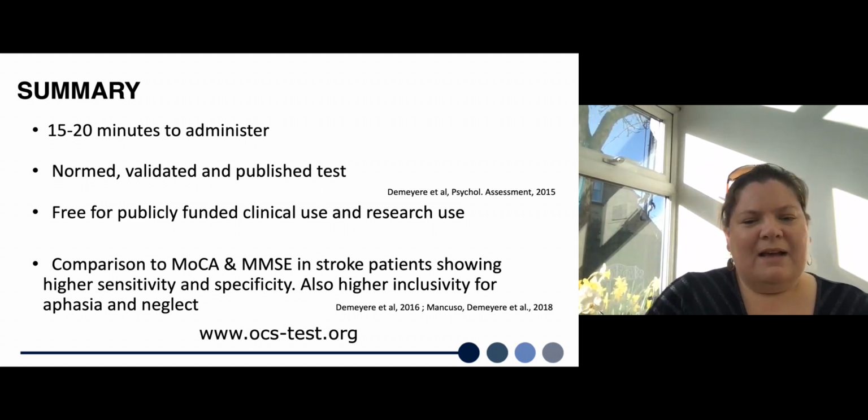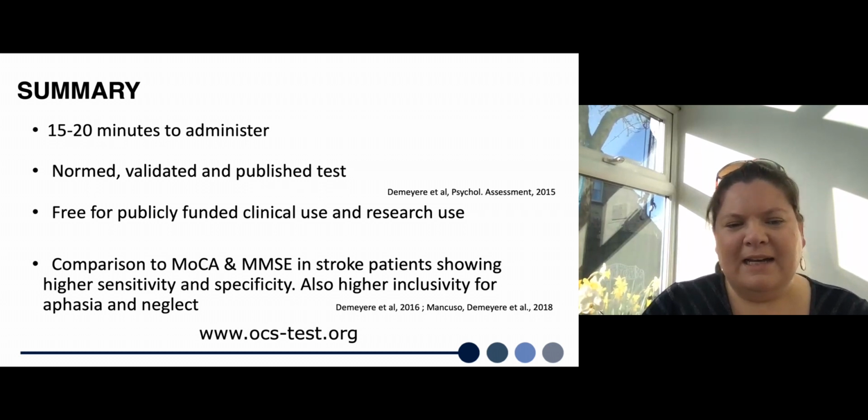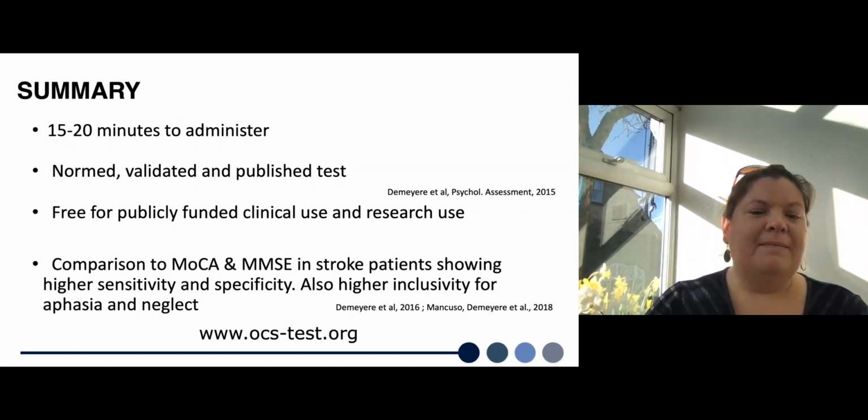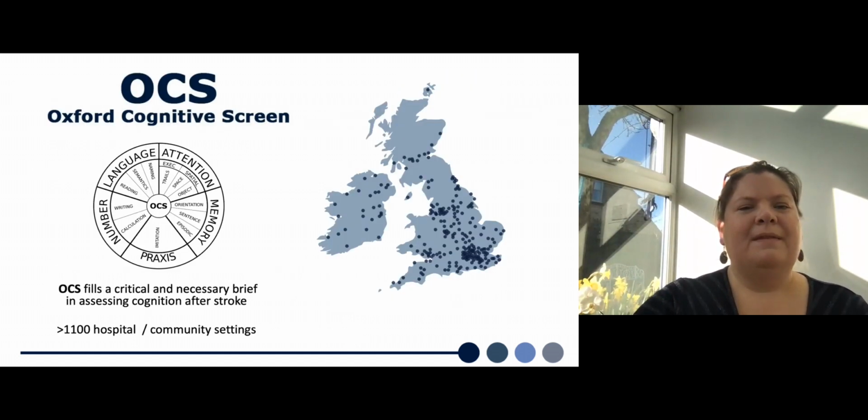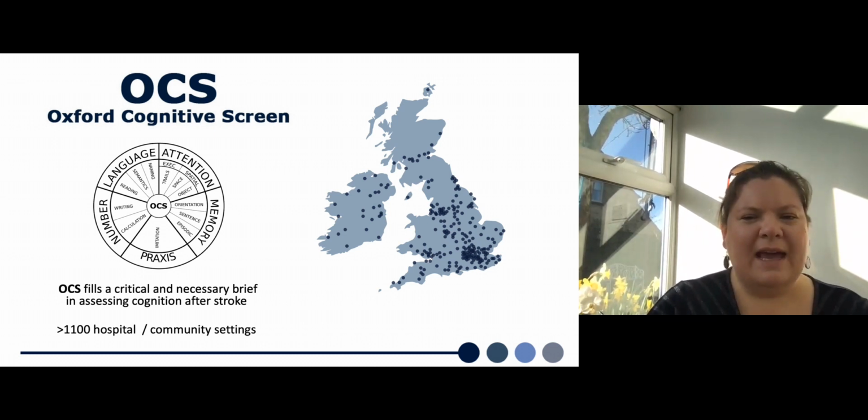We've done several comparisons to MOCA and MMSE in stroke, showing specifically higher sensitivity and specificity, and mainly also this higher inclusivity for aphasia and neglect. It's being used quite extensively currently across the UK and more in different countries.